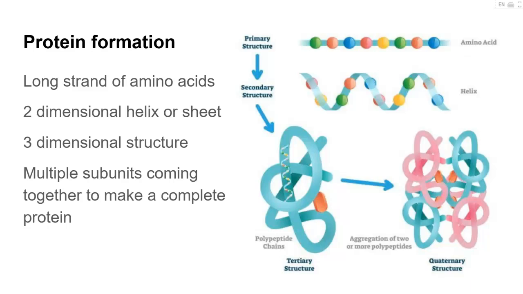And what we need to know here is that each amino acid has different chemical properties. Some of them might have hydrogen bonds hanging off here. Some of them might have sulfur molecules hanging out, and if the green ones had sulfur, they're going to stick to each other because sulfur likes to connect with sulfur.